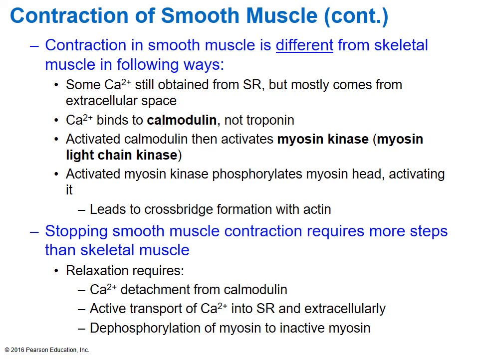So that's where the extracellular space comes in. And we also need dephosphorylation of the myosin. It is only then that the myosin head will become inactive and completely release itself from the binding site of the thin filaments.